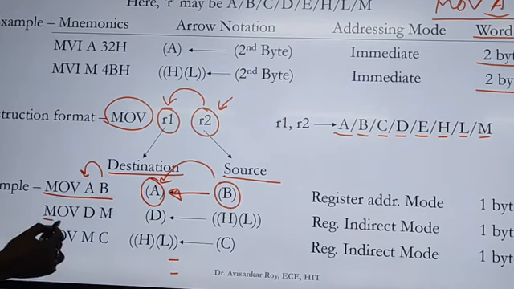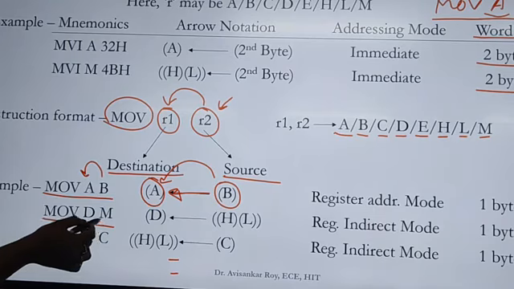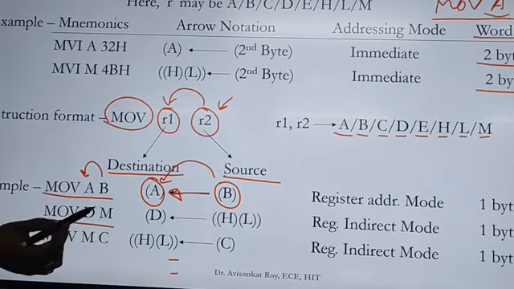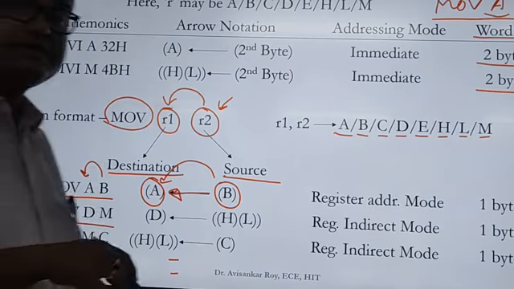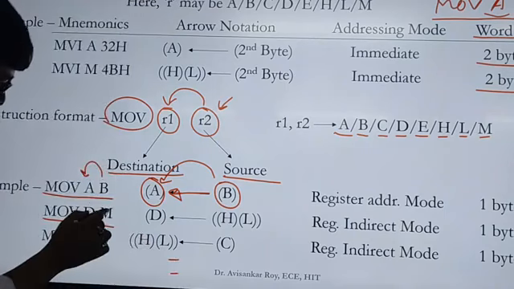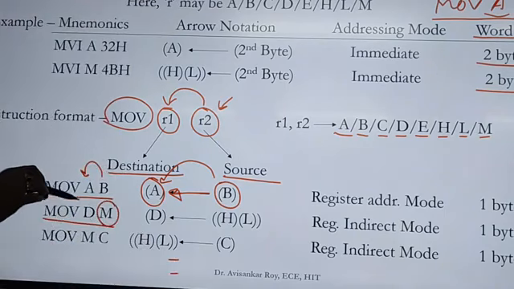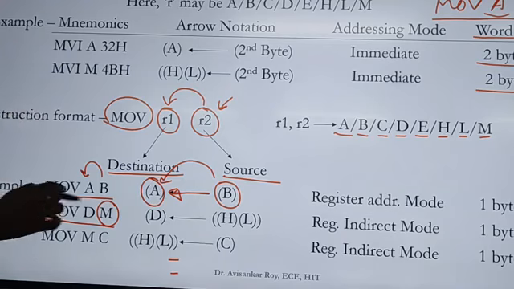Now MOV D, M. Here M is a register-like entity. It is a pointer which points to a particular memory location, which is stored in the H register pair currently. The content from this memory location pointed to by M will be transferred to the D register.